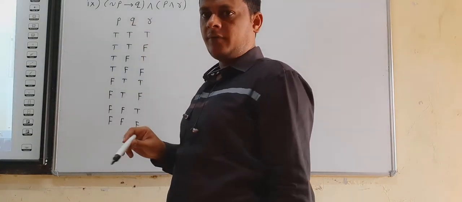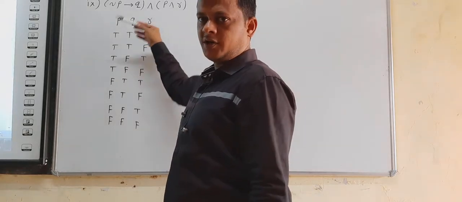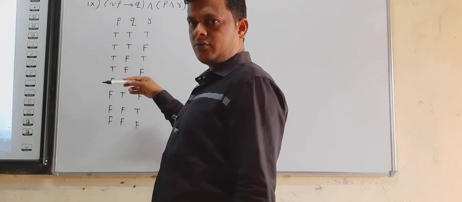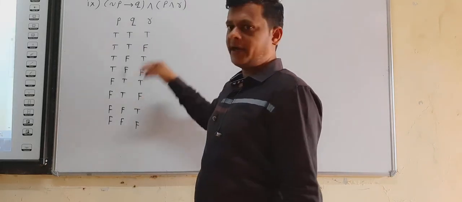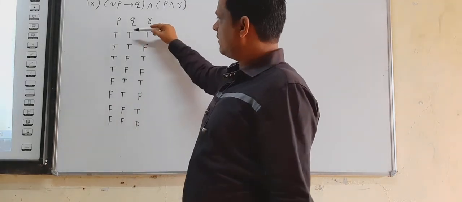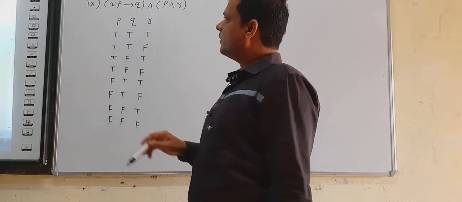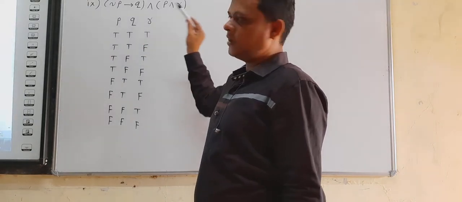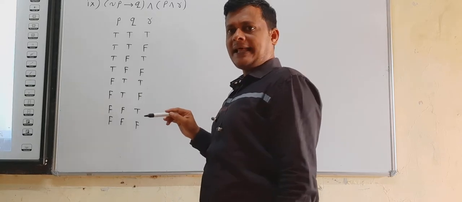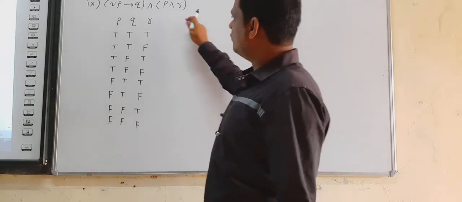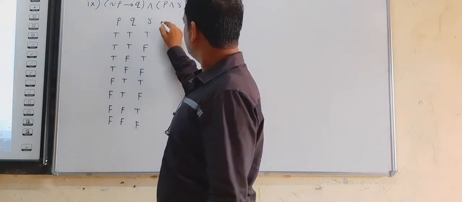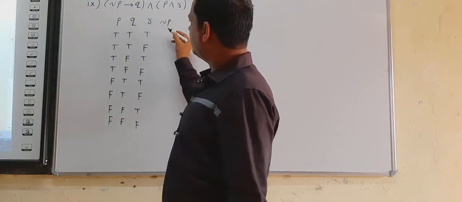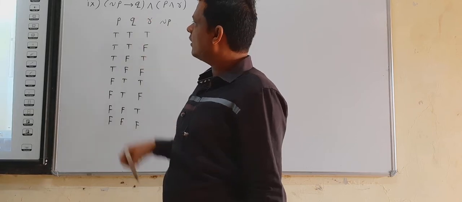In column P, we know the entries: the first 4 truth values are true and the last 4 truth values are false, and dividing the truth values for the remaining columns Q and R, which we already discussed in last examples. Now we have to make the negation of statement P. So write the negation of the truth values of column P.